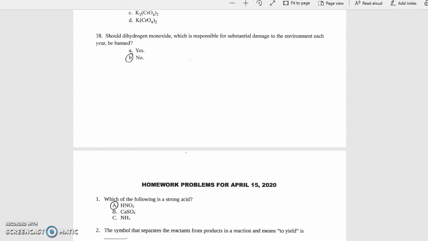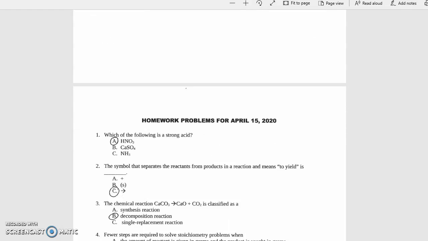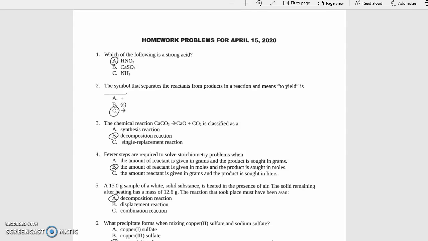Finally, there are the ones that were to be turned in today, and that talks about just what type of reactions are formed, and we talked about what a strong acid would be based upon the way in which the reactions took place. We followed up on that in today's lecture.